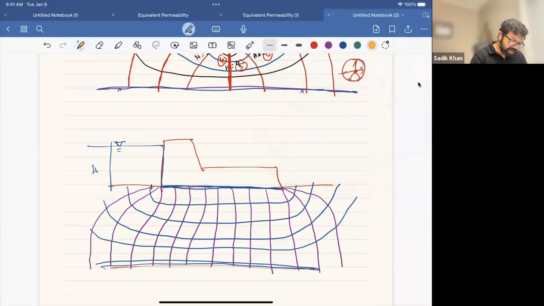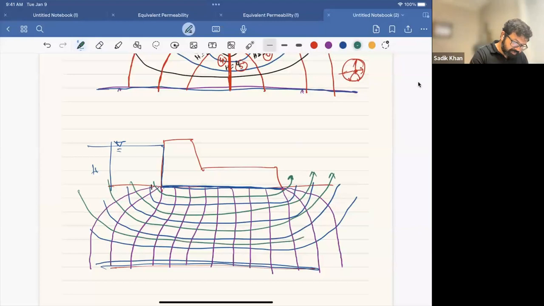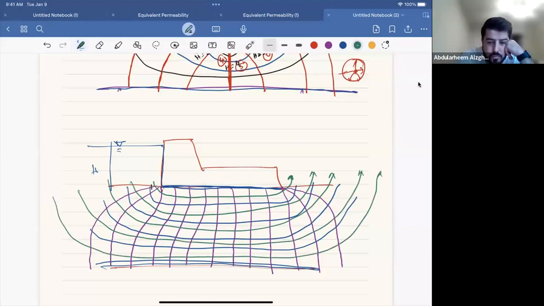So in this case, I have the number of flow lines. Let me count. My first flow line, 1, 2, 3, 4, 5. So our number of flow lines NF equals 5.